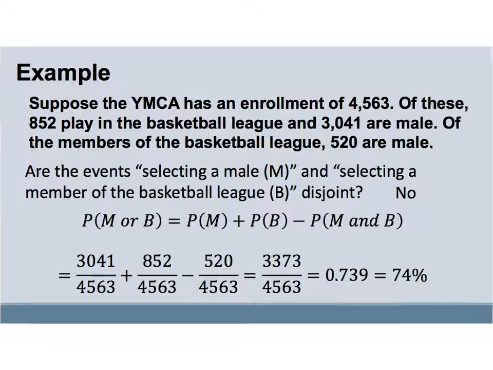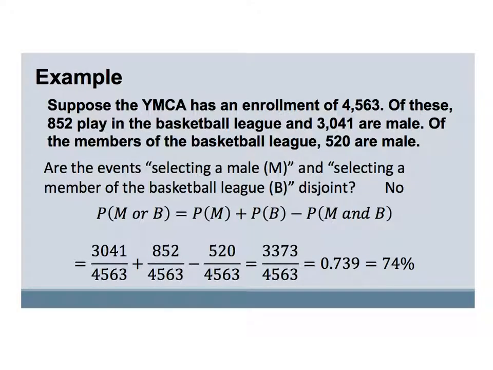Okay, so here's a little more complicated example. Suppose the YMCA has an enrollment of 4,563. Of this 4,563, 852 play in the basketball league, and 3,041 are male. So, 852 males or females play in the basketball league.